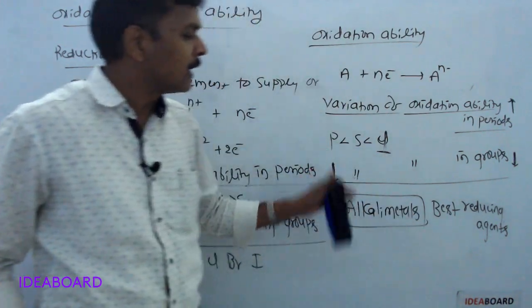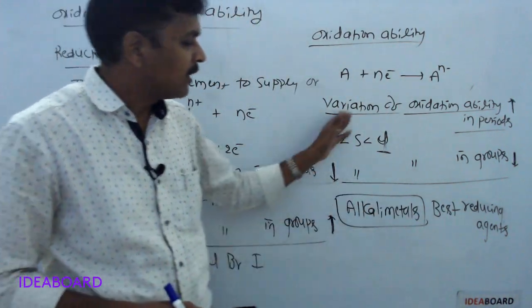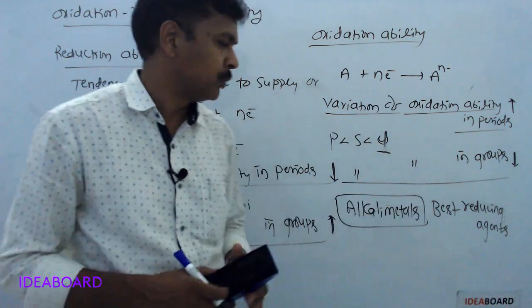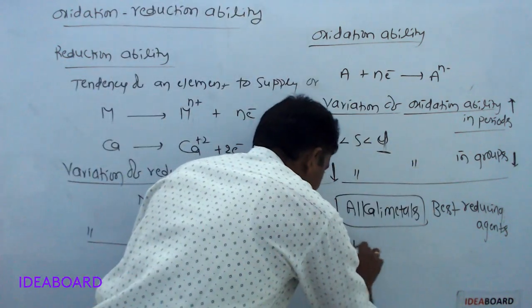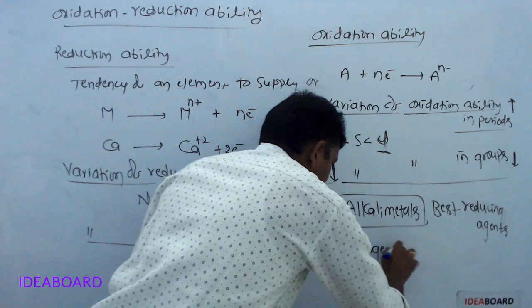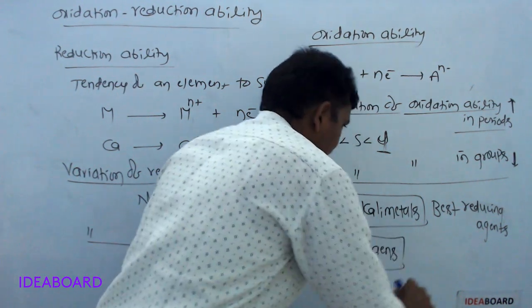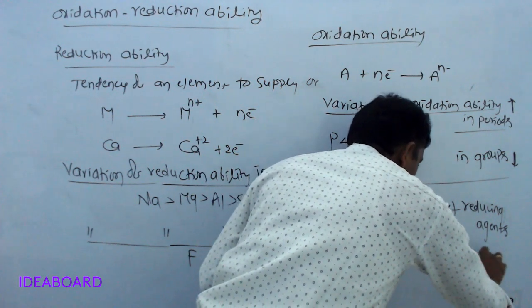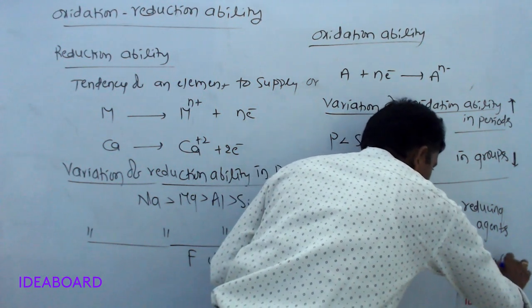After alkali metals, alkaline earth metals, that is second A group elements. Next, halogens are the best oxidizing agents.